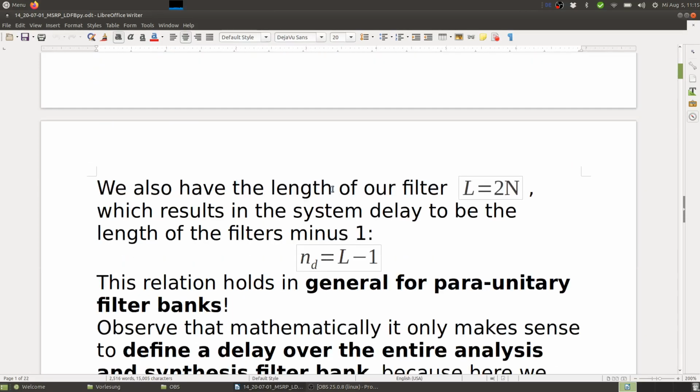We also have the length of our filter, L equals 2N, which results in the system delay being the length of the filters minus 1. So there's this direct connection between filter length and delay. And this direct connection holds in general for paraunitary filter banks. So any paraunitary filter bank like the MDCT, which we saw last time, has this property. When we make those filters longer, also the delay increases.